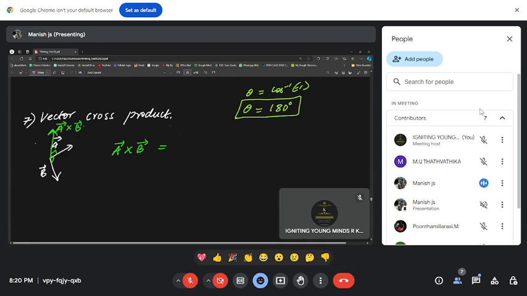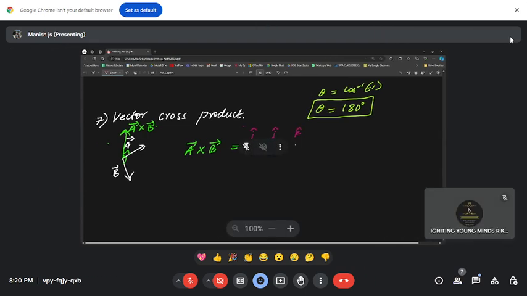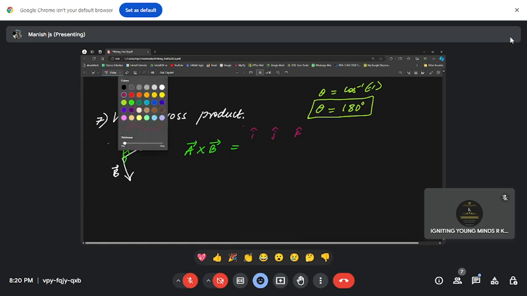So what I will do here, I will take I, J, K in order. First I am writing the unit normal vectors in order, and then the components of vector A should be written in the next row. The first row I have the unit vectors. Second row, components of vector A, which is AX, AY, AZ.